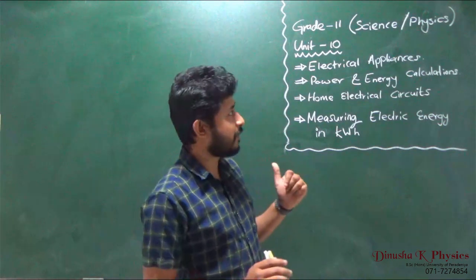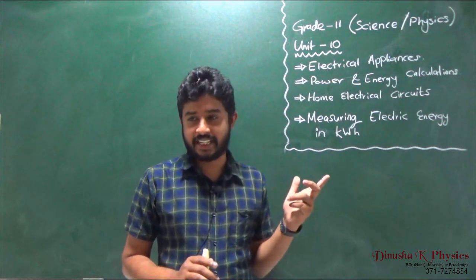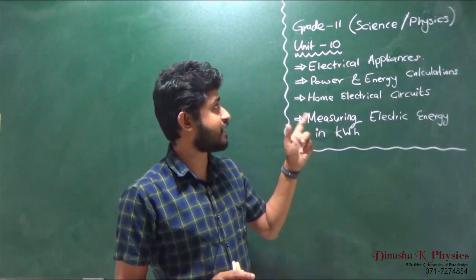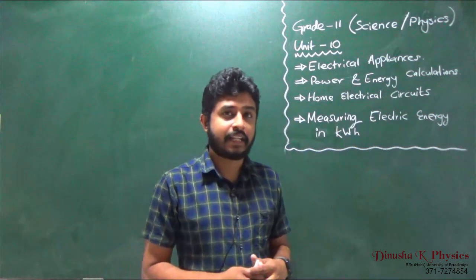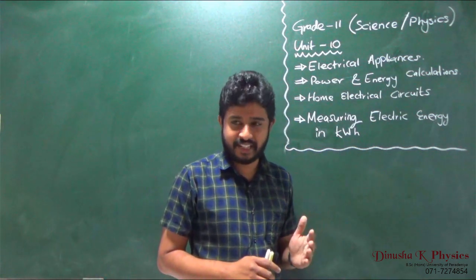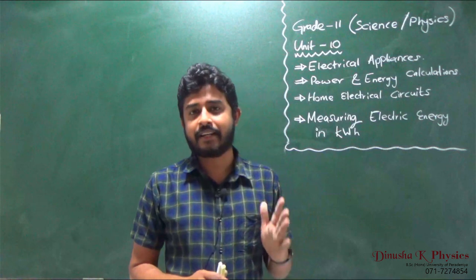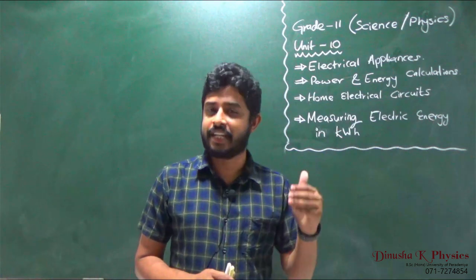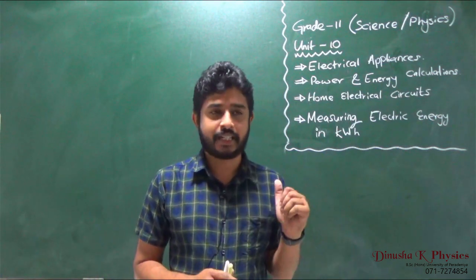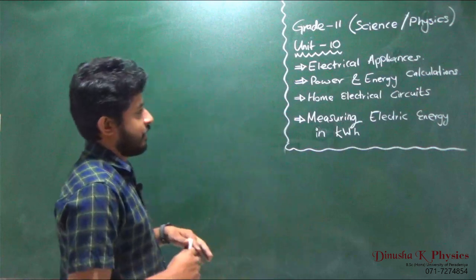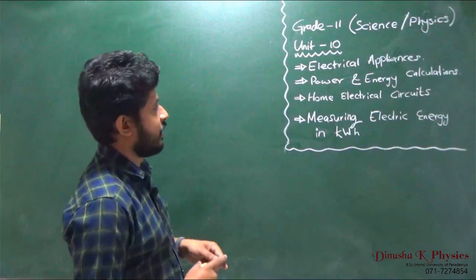So today I'm going to start unit number 10, that is in your physics part of grade 11, which is basically about electrical appliances and the calculation of energy and power, right? So let's start.